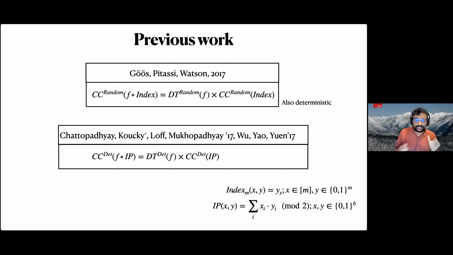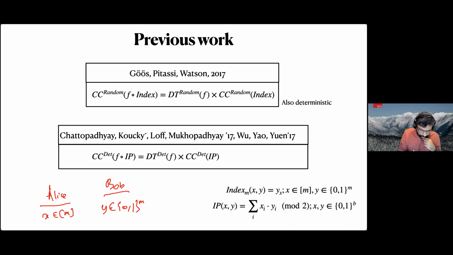The index gadget is asymmetric. Alice gets a pointer x, which is in [m]; you can think of it as a pointer from 1 to m. And Bob gets a really large string, a string of length m. The goal of the players is to find the x-th bit of y. So the index gadget on x, y is supposed to output y at x.